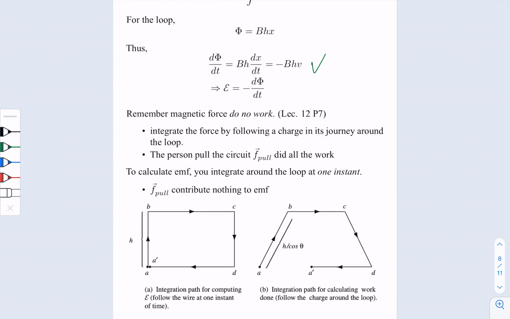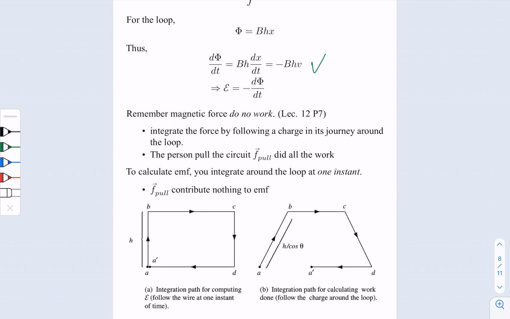Now to calculate the EMF, you do not follow the charge across this journey, but instead calculate the EMF at an instant moment.